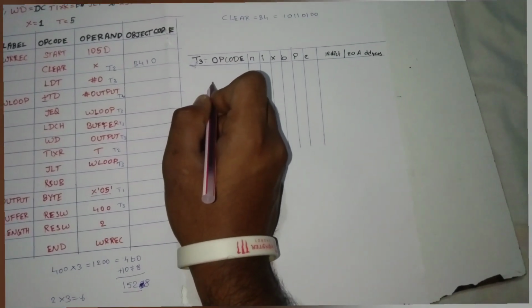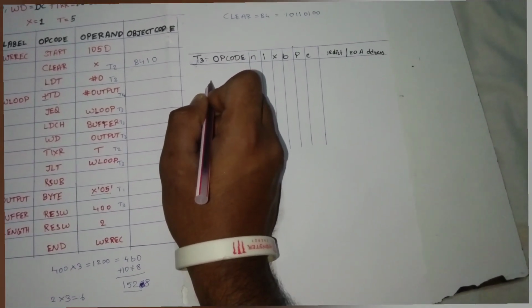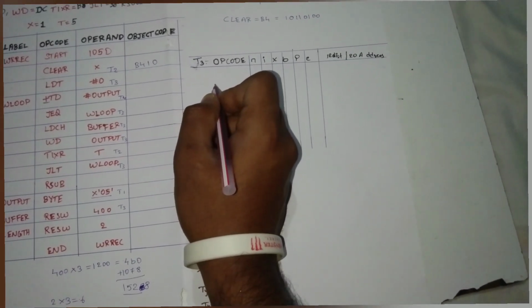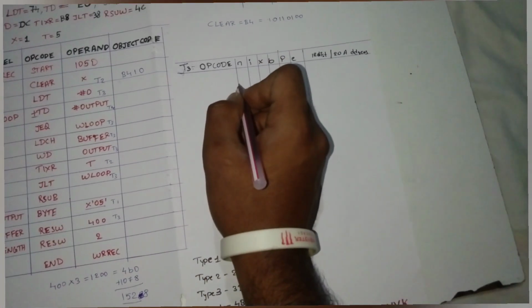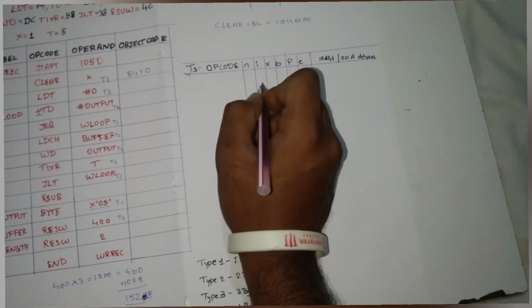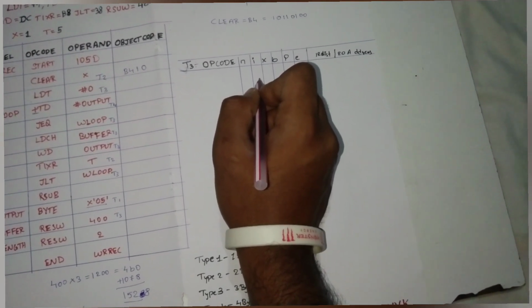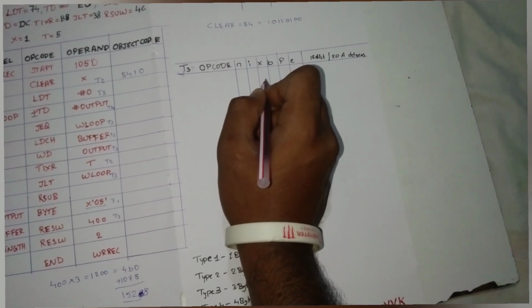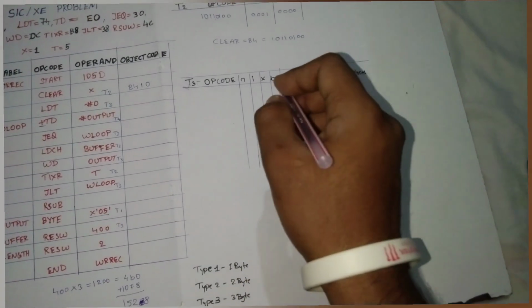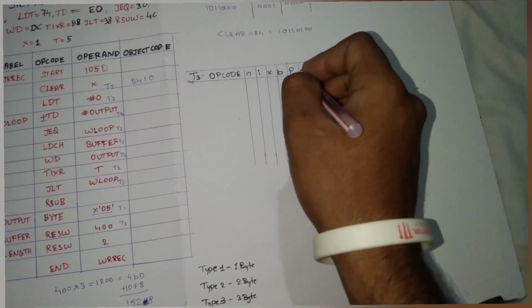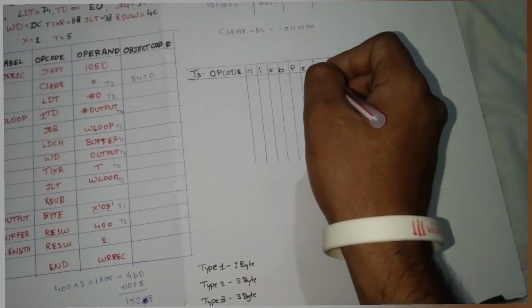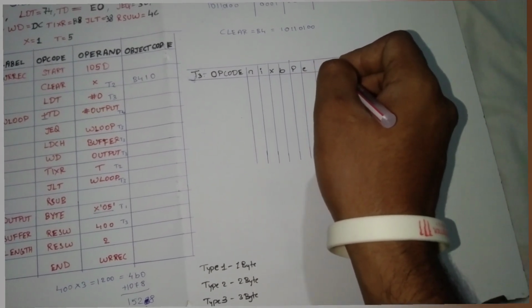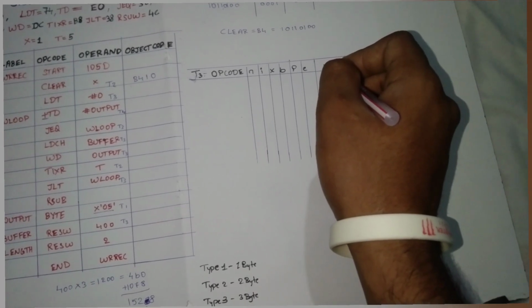The opcode is the first 6 bits of the binary value, followed by n, which is indirect addressing mode, i for immediate addressing mode, x for index addressing mode, b for base relative addressing mode, and p for program counter relative addressing mode.